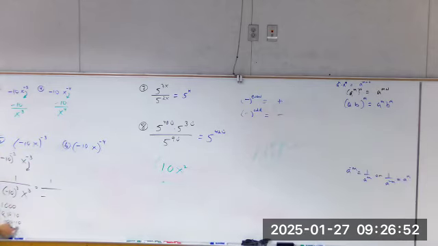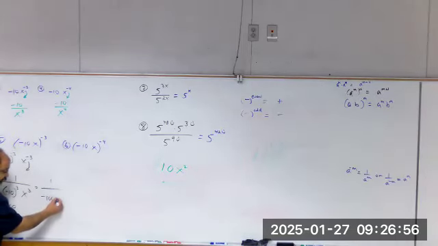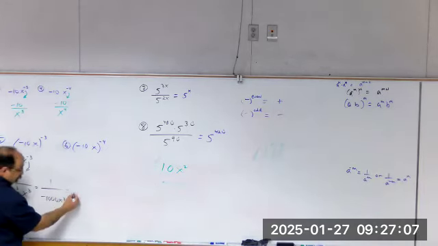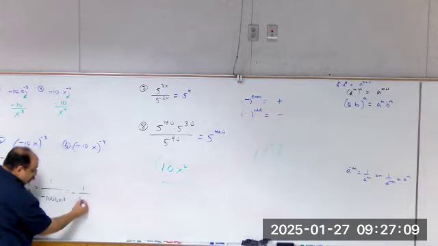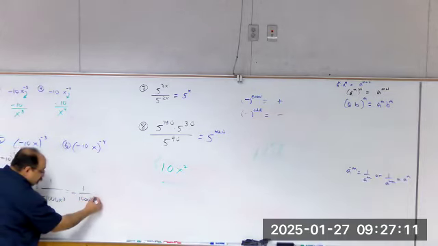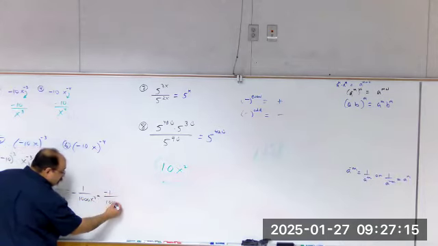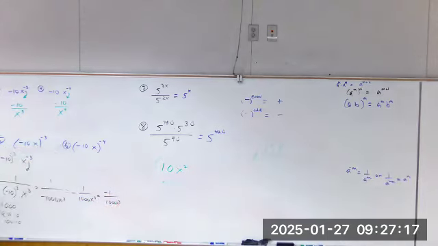And 10 $100 bills is $1,000. So negative 1,000 x to the third. And as long as you have one negative, the whole thing's negative. So it doesn't matter if you put 1 over negative 1,000 x to the third, or negative 1 over 1,000 x to the third.